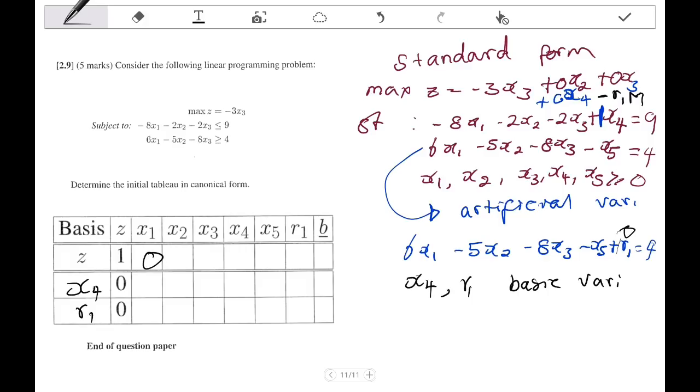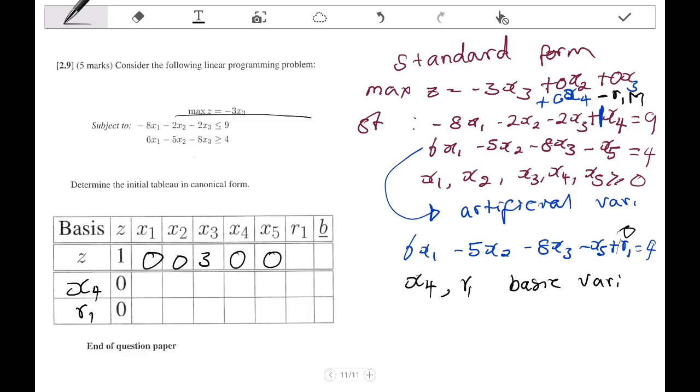For x2, not given initially, so it's 0. x3 was given as negative, so we write positive, because when you take it to the other side, it becomes positive. x4 is not there initially, it's a variable we just added, so 0.